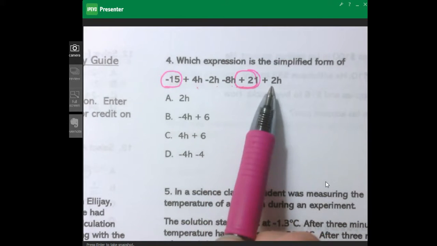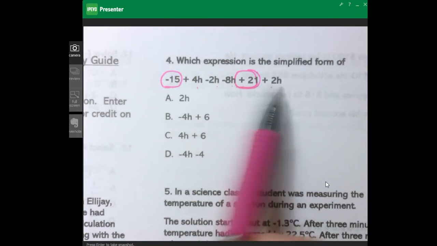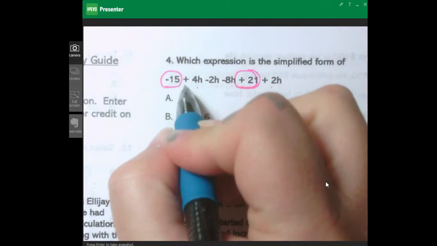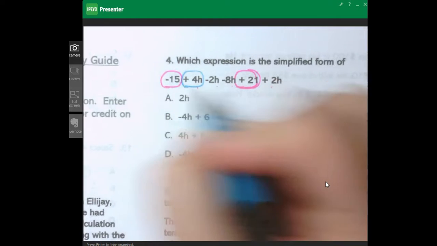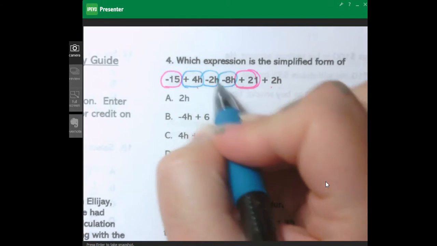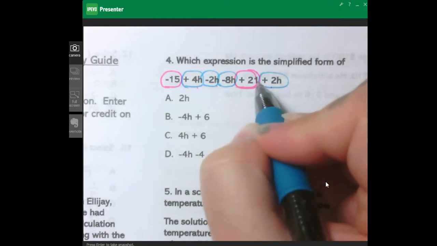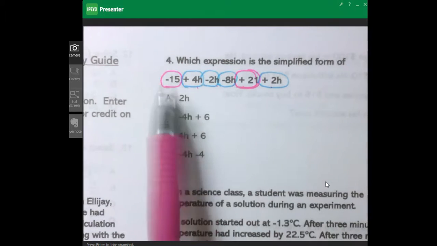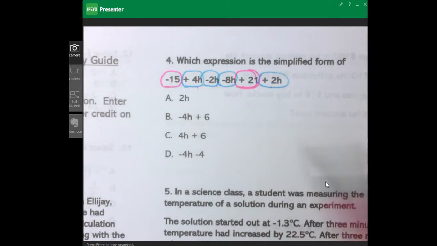And then lastly, we had another 2h. Now I can look at my h's, and all of my terms that have an h are like terms. I'm going to continue to include the operation out in front so that I know if I have a positive or negative number. Now we're going to take our like terms and combine them.